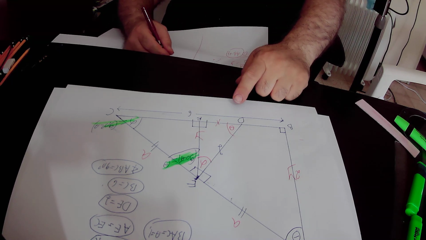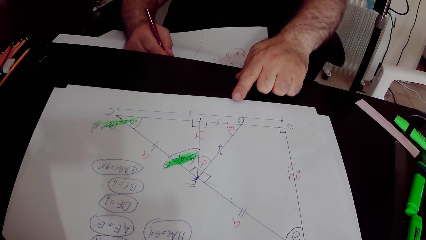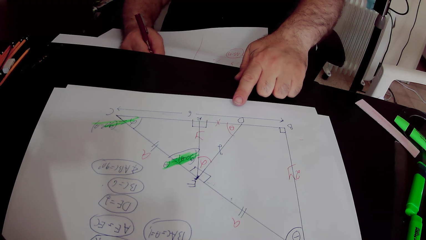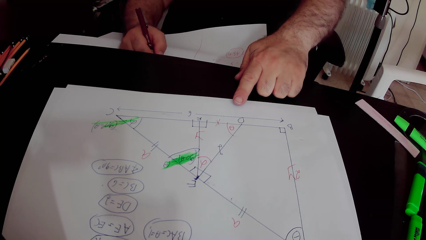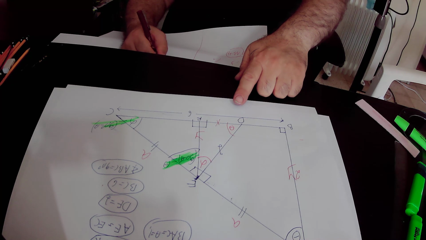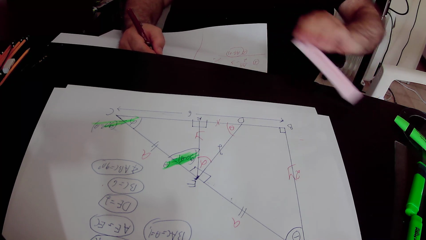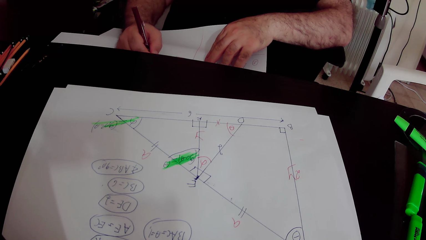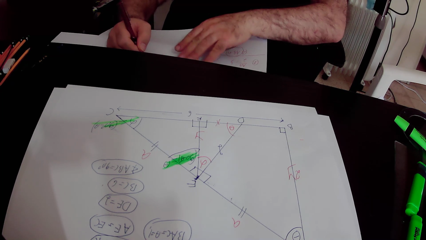If we focus on the right triangle, triangle EFD, we know that x squared plus y squared equals 2 squared. 2 squared is 4.